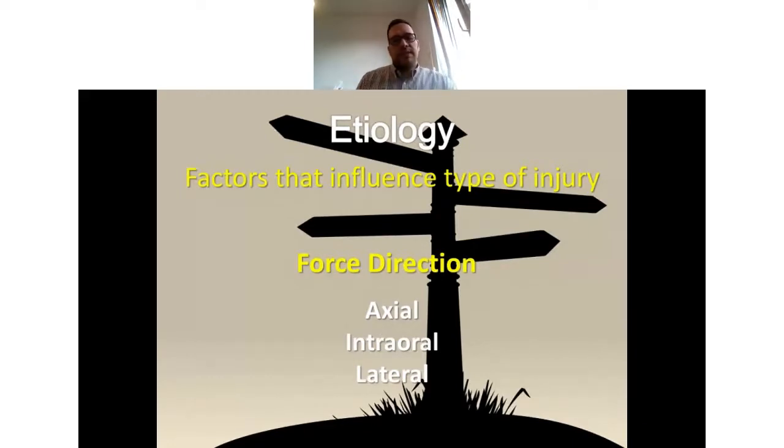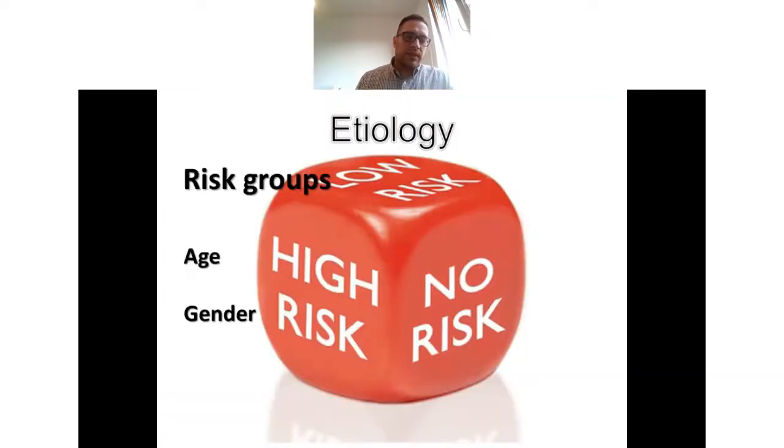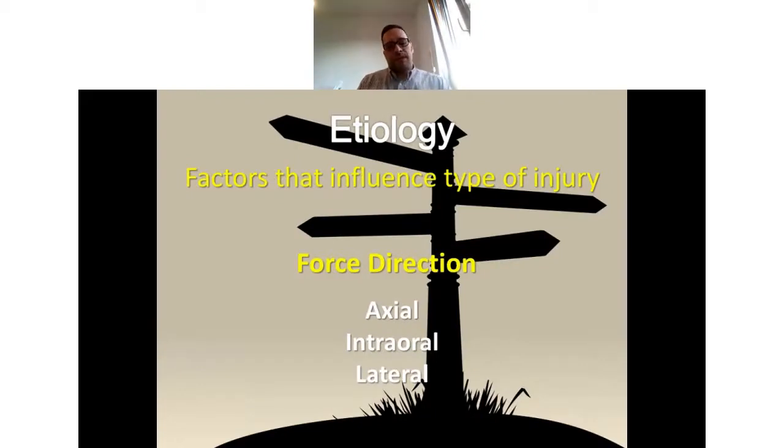Also, what influences is the force direction. The force direction may differ in a way that many things move around, many things may hit the people. So basically, what is most important is that the most common force direction is the direct, intraoral movement. Why is it so? Because the easiest way to get injured is when you fall down directly or when you get hit directly by something.